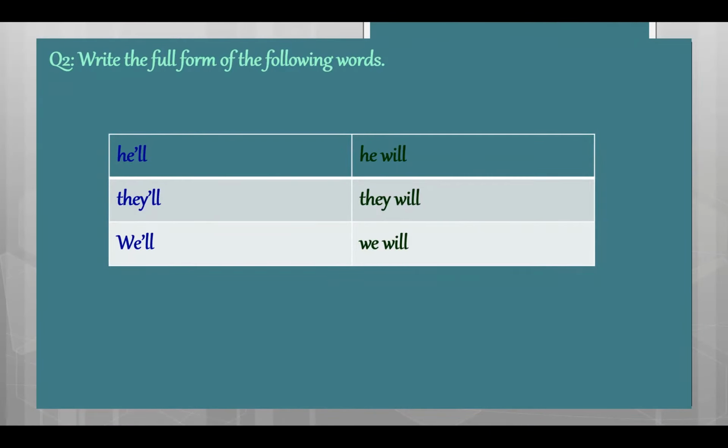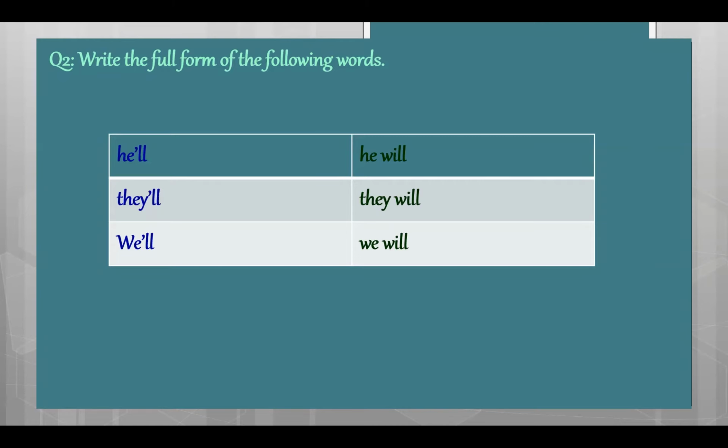Question number 2. Write the full form of the following words. He'll, they'll, we'll. These are short forms. Full form of he'll is he will, they'll is they will, we'll, we will.